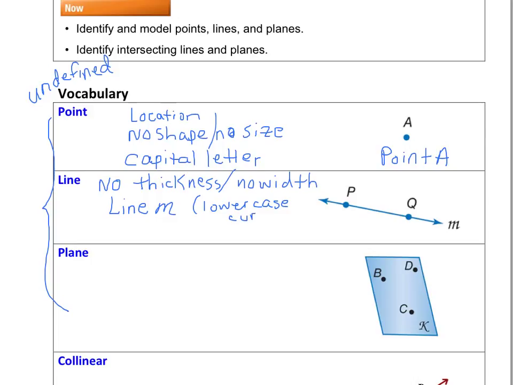I'm going to write cursive. And we could also name a line symbolically with two points that are located on the line. In this case, we have two points, P and Q, on that line, and we would symbolically represent that with a line over the two letters with arrows indicating that it is a line and it's going on forever.